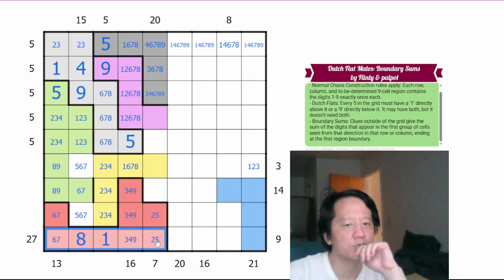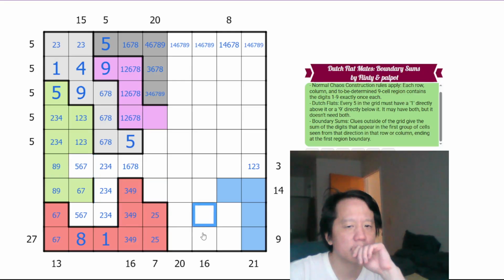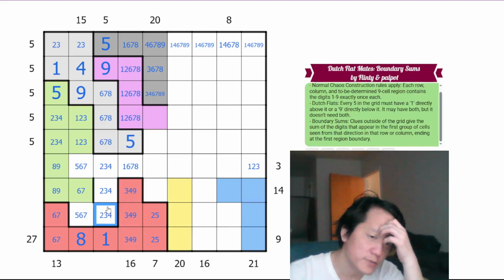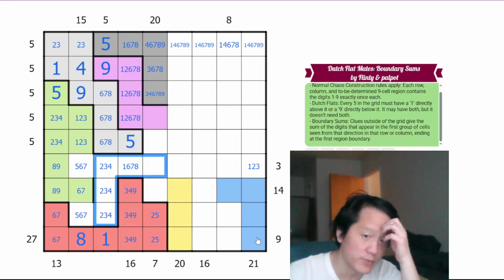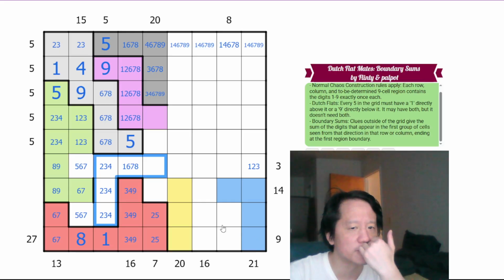This adds up to 27. This adds up to 9. So this is definitely part of its own region, and it's at least 3 in length. 1, 2, 3, 4, 5, 6, 7, 8, 9, 10. So therefore, this has to be part of another region here. Interesting.